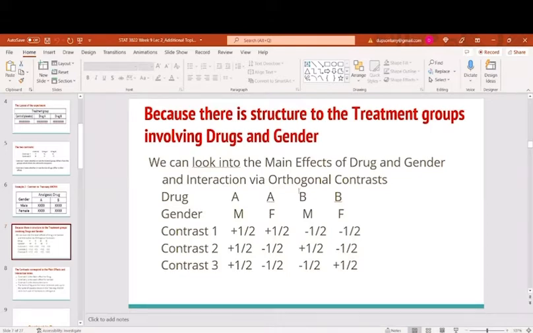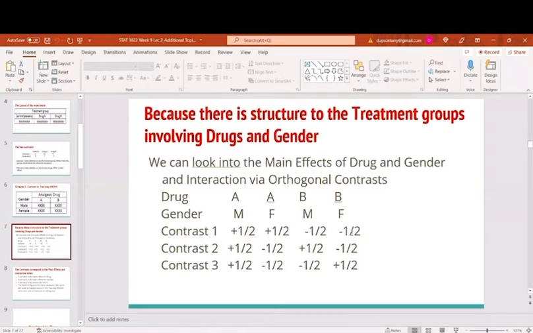Now I want you to pay attention to contrast 1. What is contrast 1 telling us? I want you to see half, half, minus half, minus half. Take a look at that. Contrast 1, you have half and minus half, you know what that means?